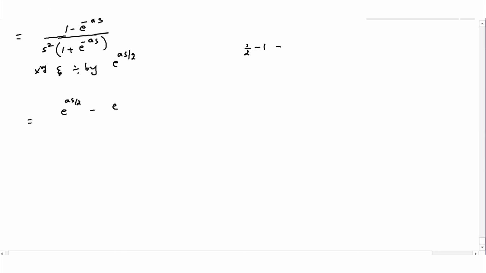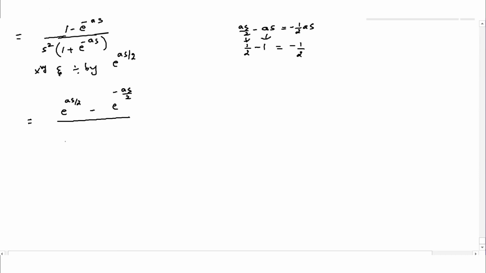So half minus 1 will be minus half. So e power of minus as by 2 we will be getting, because you are writing this as as by 2 minus of as. So that is plus half here, and this is minus of 1, which will be minus half. So it is minus half times of as value, which is minus as by 2, whole divided by denominator.